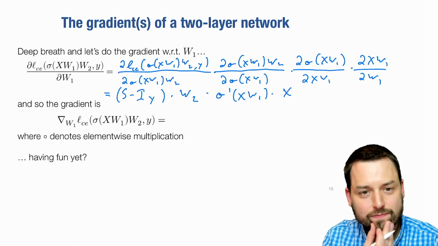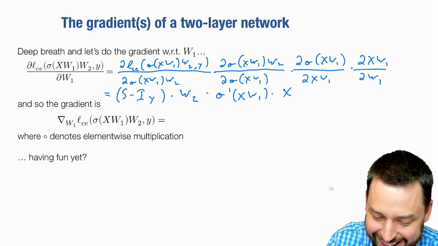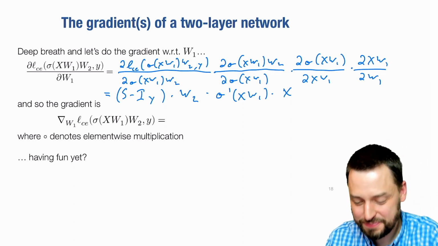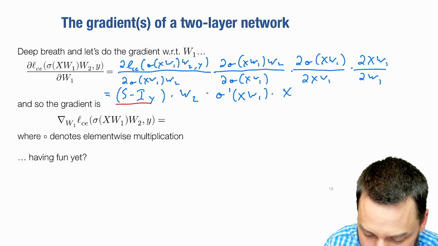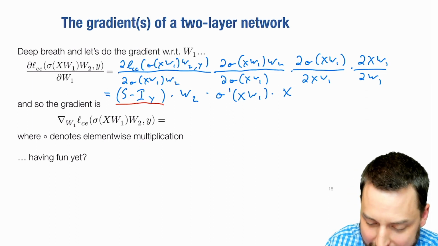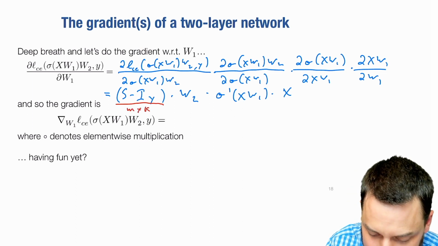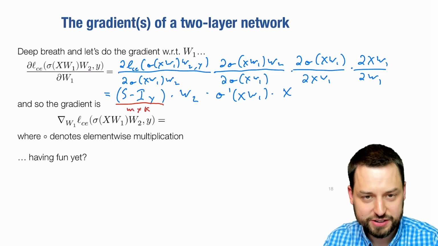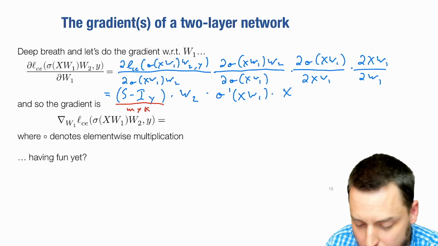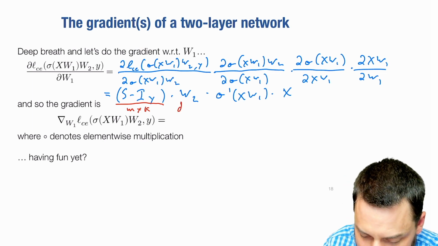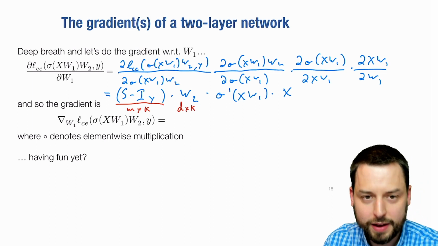All right, now the really fun part. Let's talk about the sizes here. This one, as before, was just going to be m by k. That was the dimension of that thing. W2 is a d by k matrix.